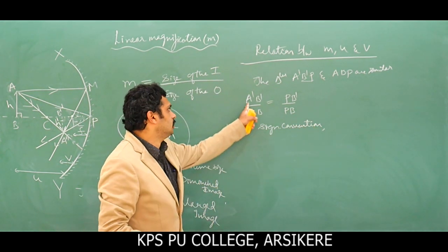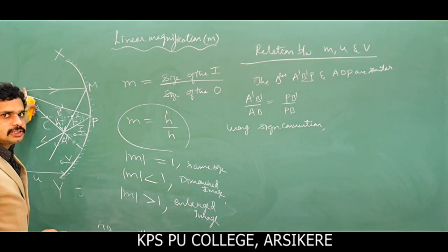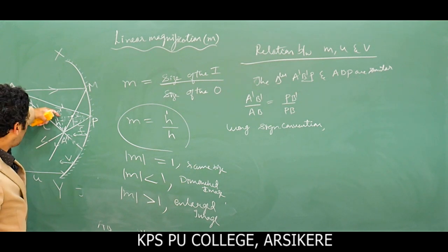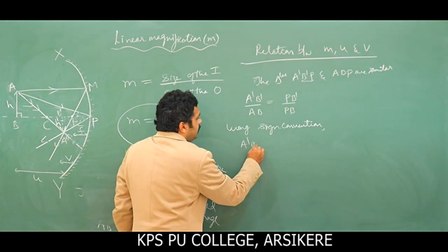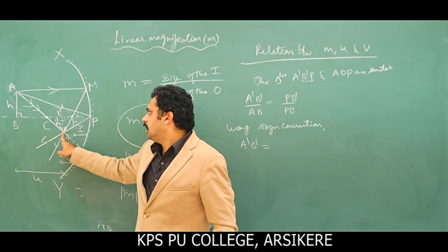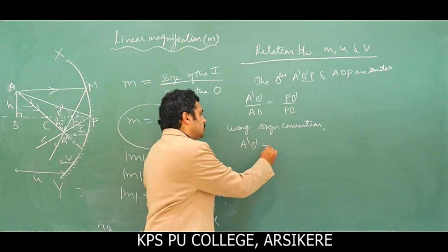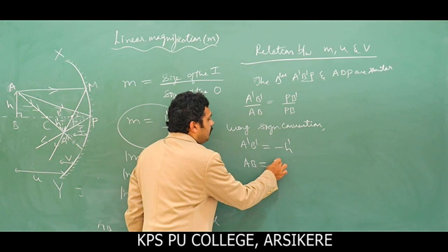Using sign convention, we know that height measured upwards is taken as positive, and height measured downwards is taken as negative. A dash, B dash means height measured downwards. For the inverted image, h dash is negative, so minus h dash. AB, what is AB?